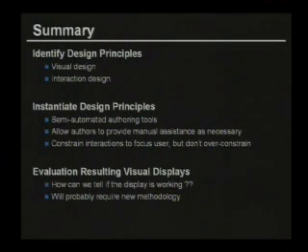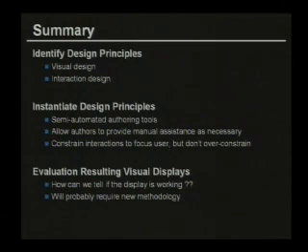Just to finish up here, we have a 3-step approach. We identify the design principles, and there are 2 kinds of design principles in the work that I've shown. One is on the visual design. How can we create these images, and how can we create them in a way that communicates information? The other is on interaction design. So we want to design interactions that, again, help convey the information.